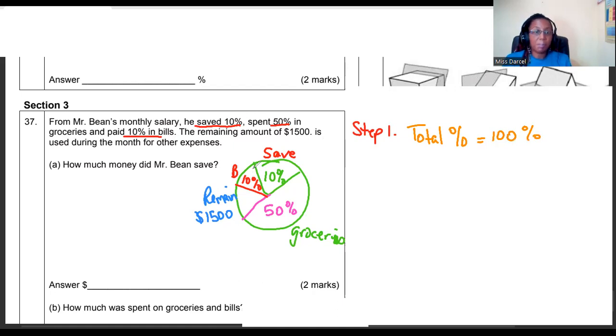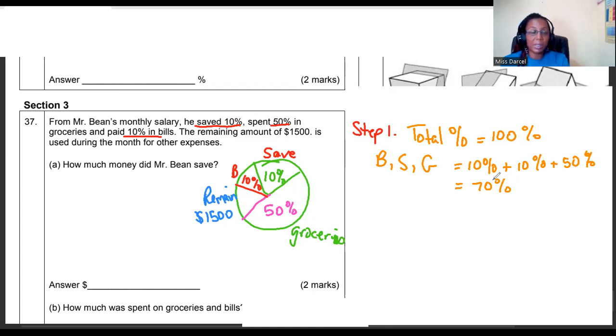Now let's add up the parts that we do know: bills, saving, and groceries. That's going to be 10% plus 10% plus 50%, and that will give us 70%.